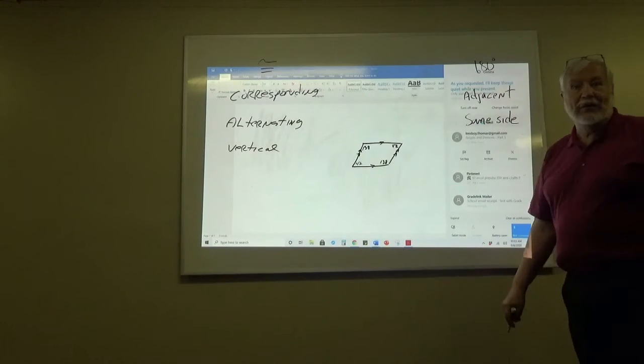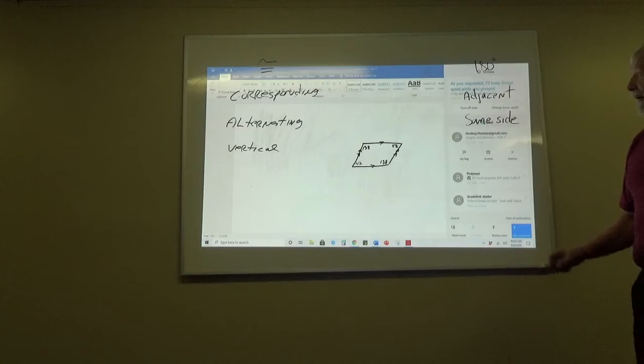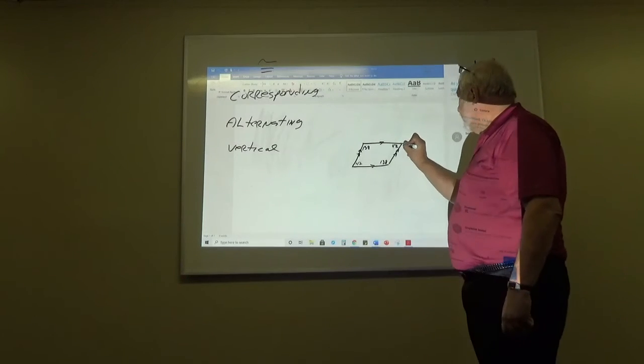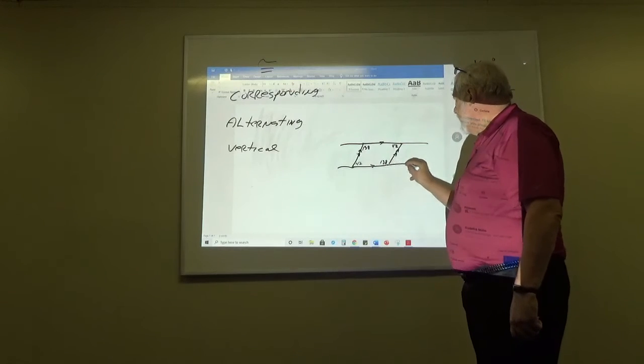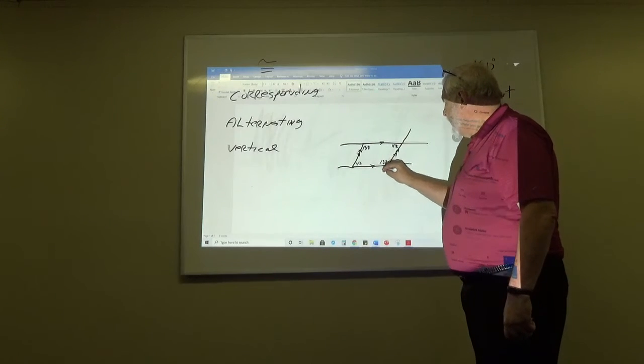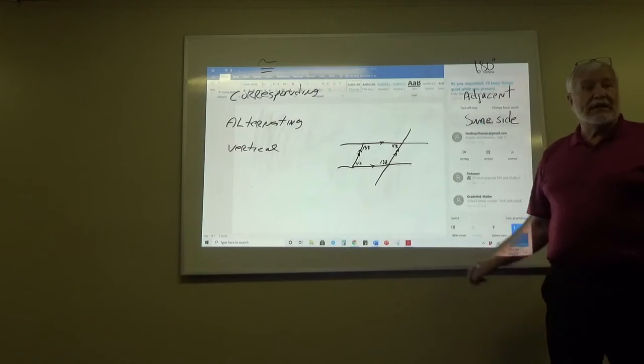And these are same side interior, so if this is 42, this is 138. In a parallelogram, two consecutive angles are supplementary. But it comes from two parallel lines cut by a transversal, and those are same side interior.